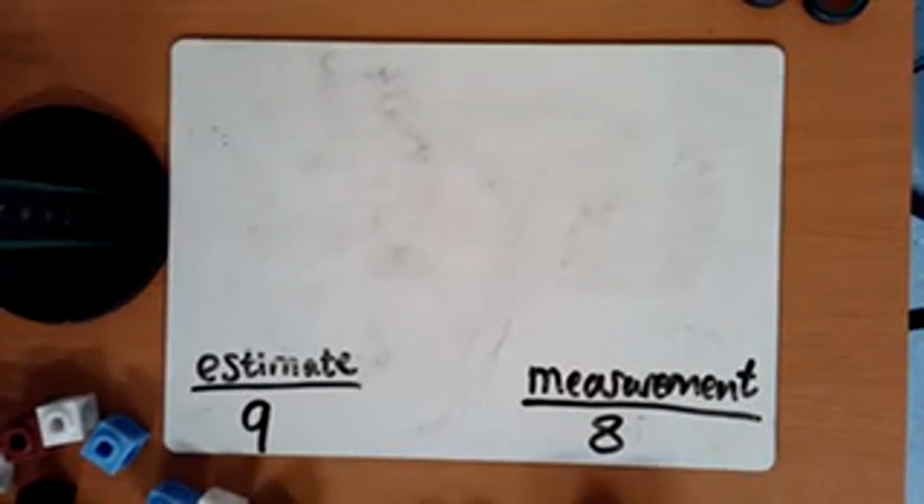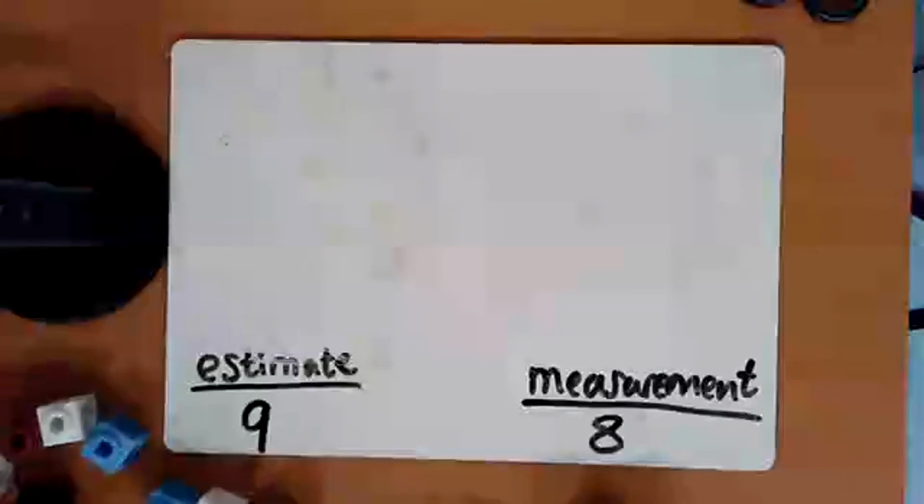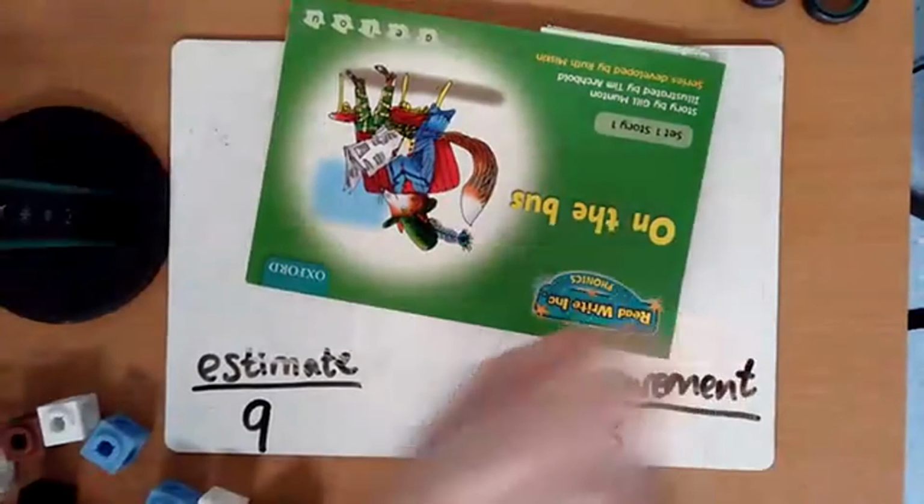If you want to pause the video, estimate how long a pencil will be, a glue stick will be, a small book would be, and a board rubber would be. Let me show you the book that I'm going to use just so you can have a look at it. This is the book we are going to use.